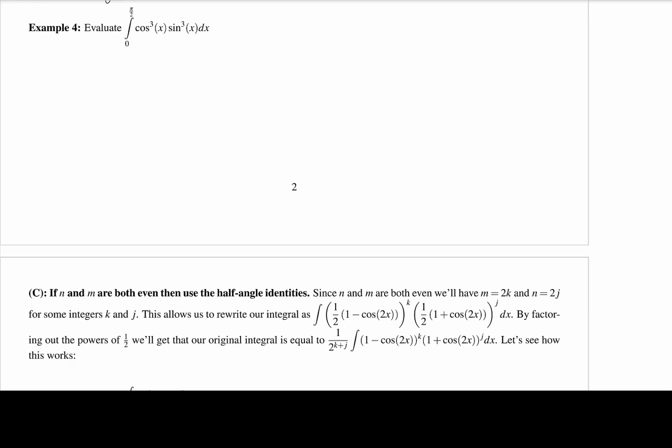Okay, so I'm going to rewrite this. It's still the integral from pi over 2 to 0, because I'm not doing any substitutions yet. So I'll have cosine squared of x, cosine of x, sine cubed of x, dx.